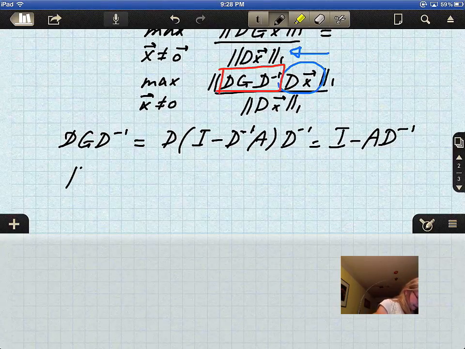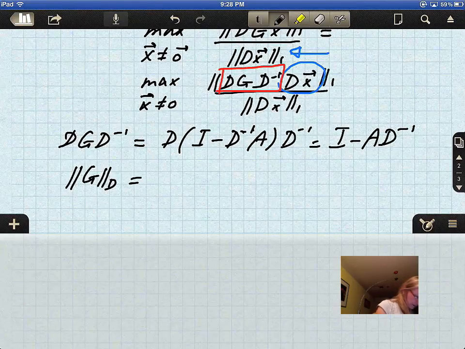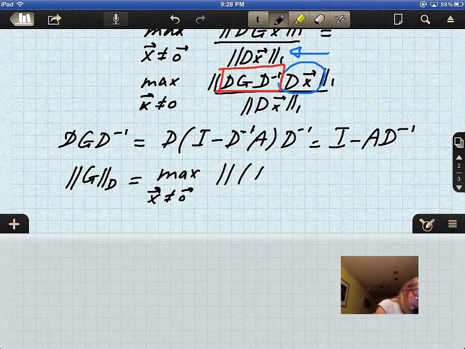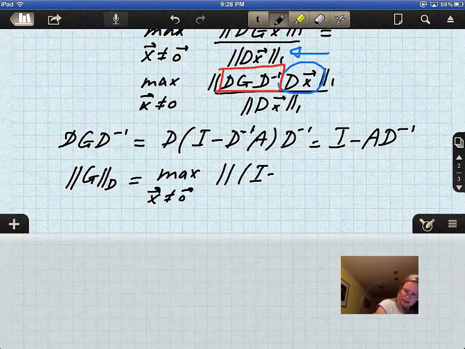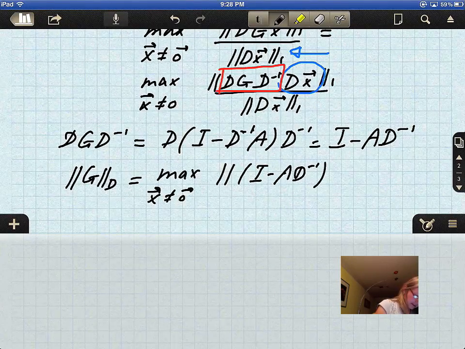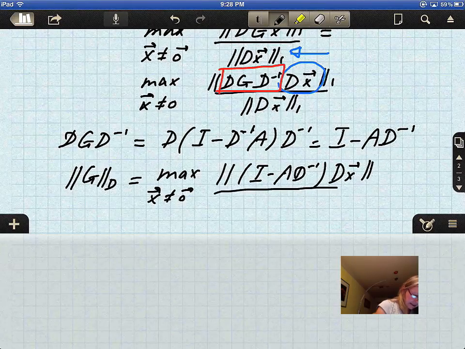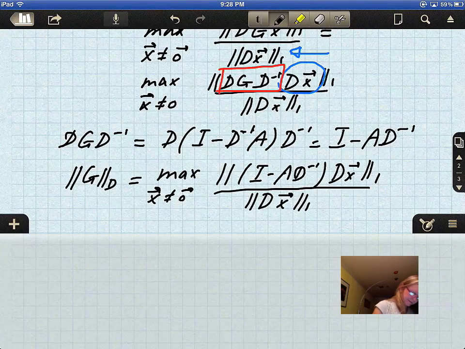So we get the D norm of G is equal to the max over all x not equal to 0 of the one norm of I minus D A D inverse times D x, divided by the one norm of D x.